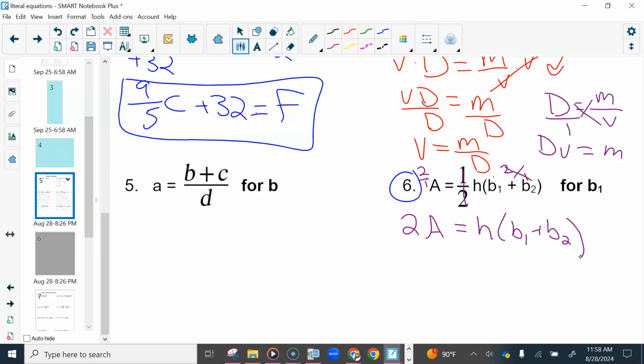We can distribute it, or we can, in this case, divide it. Which would we rather? Okay. We're going to have 2a equals hb1 plus hb2.